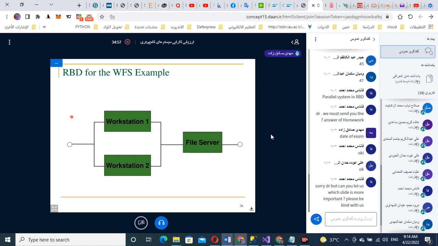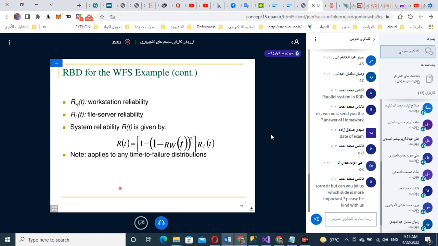Yes, all slides are important because that is the abstract of the book. RW(t) is the workstation reliability, and RF(t) is the file server reliability. So system reliability is given by this formula.